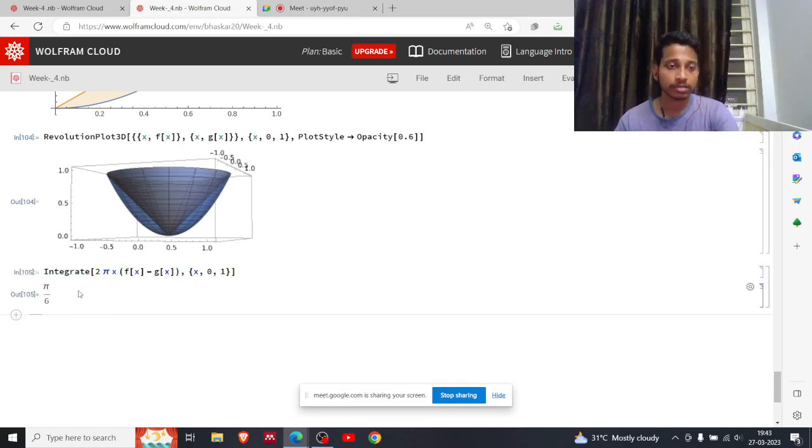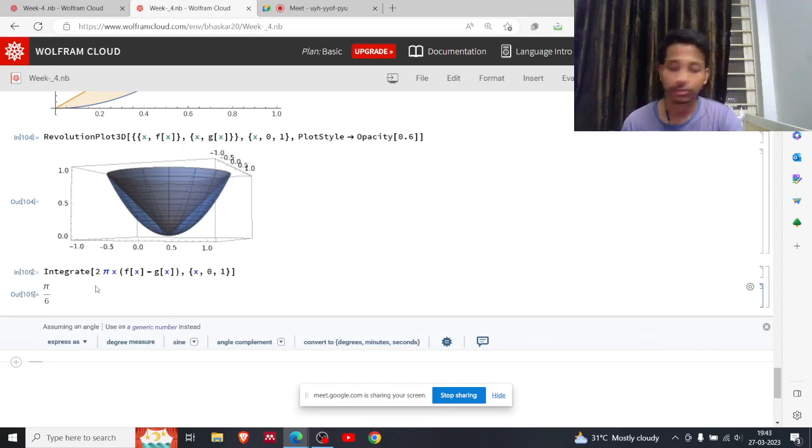This is pi by 6. So this is the volume between these two curves, that is pi by 6.